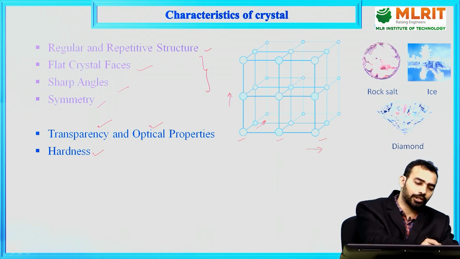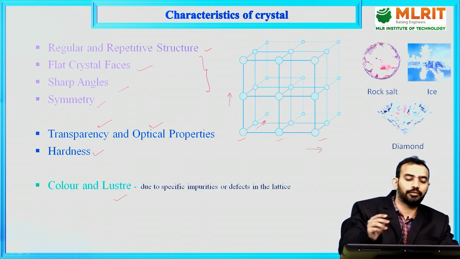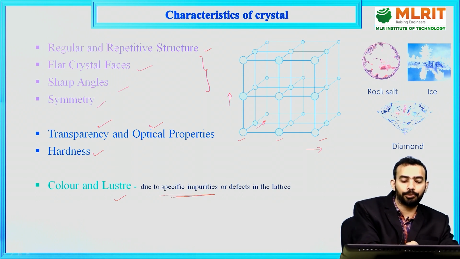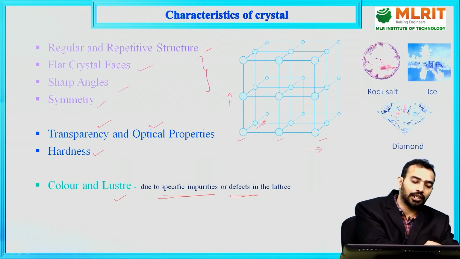Then most crystals exhibit different colors and luster, which come purely from specific impurities or defects present in the crystalline lattice. Because of that, different colors are exhibited by crystalline materials.